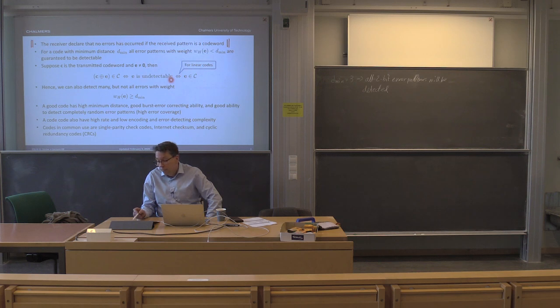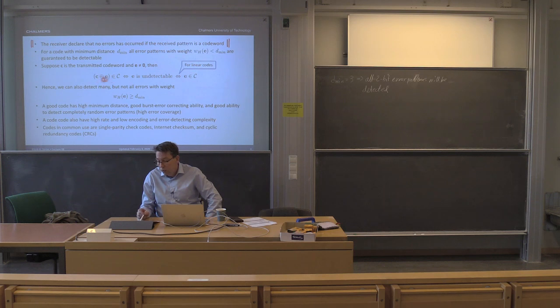Right? So for a given C, certain error patterns are undetectable, namely those where we take C, flip a number of bits in C according to E, and then we end up in another code word. Okay. Then these errors would never be detected. Because the received word would be a code word, we will accept this as being error-free, even though it's not. Okay.